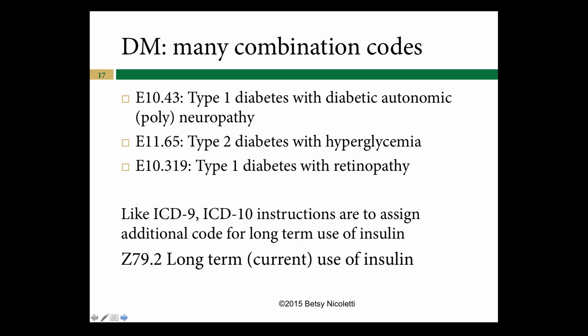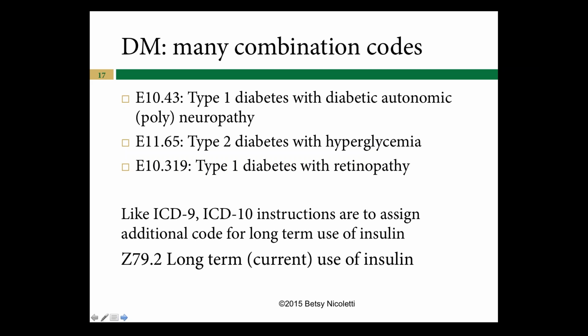Okay, so here is just a couple of examples of the diabetes codes because there are pages of them, obviously. E10.43, type 1 diabetes with diabetic autonomic polyneuropathy. E11.65, type 2 diabetes with hyperglycemia. E10.319, type 1 diabetes with retinopathy.